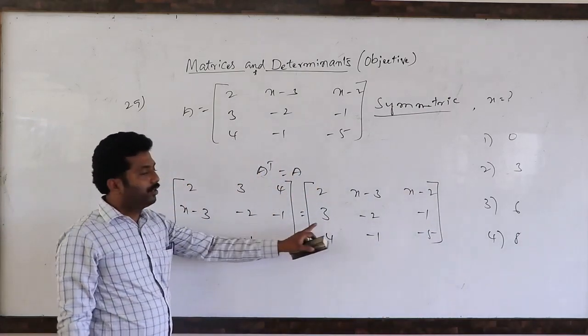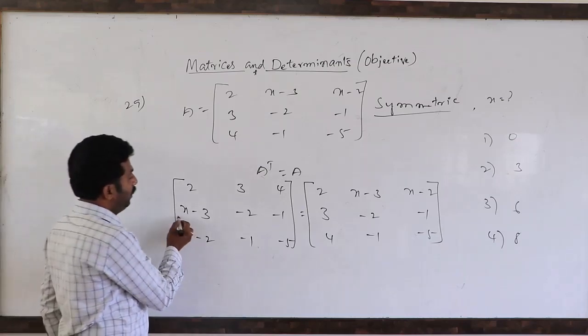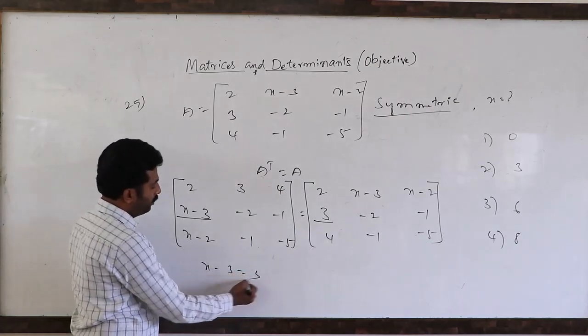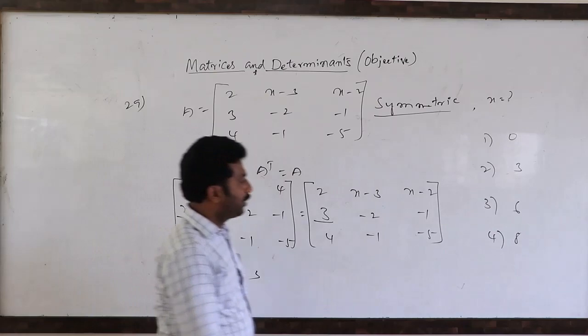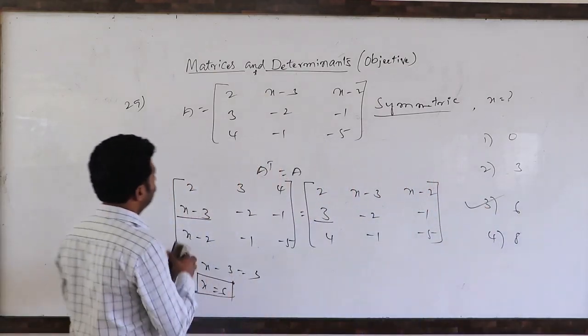A transpose equal to A means corresponding elements we have to equate. See, x minus 3 equal to 3, so x equal to 6. So x equal to 6 means we can give the third option.